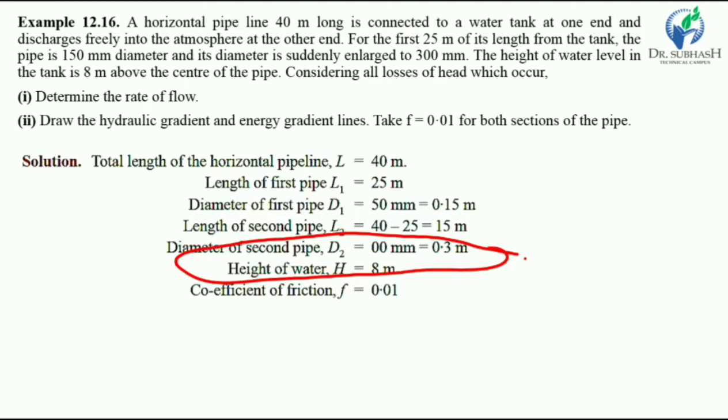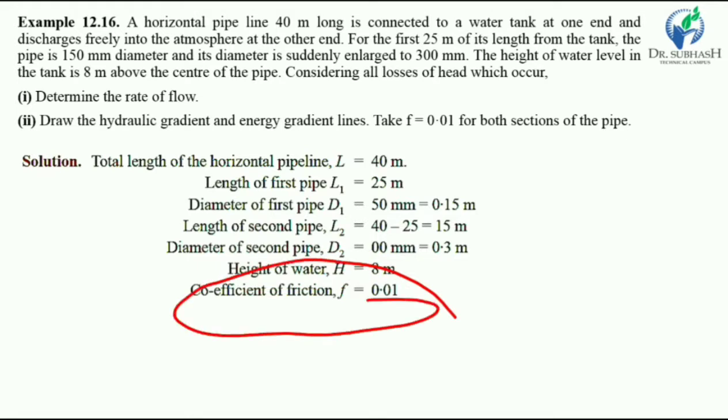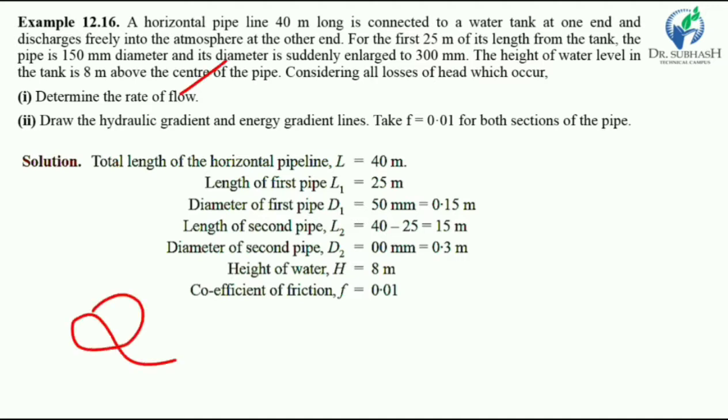Now the height of water is 8 meters and the coefficient of friction is given as 0.01. Now we first have to find the discharge or rate of flow.